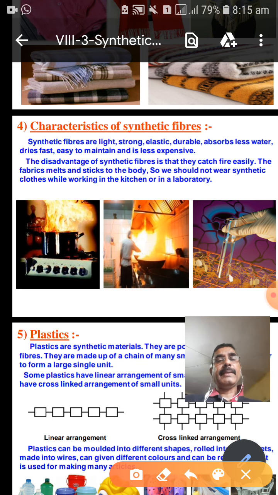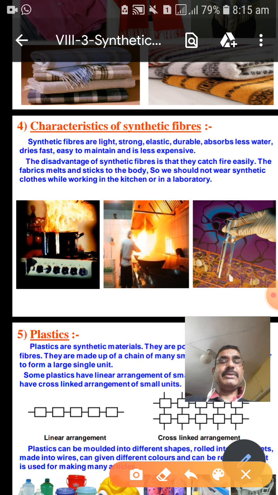We need to remember that whenever we are working in the kitchen or in the laboratory, we should avoid wearing synthetic clothes, because they catch fire easily and the fabric melts and sticks to the body, causing more harm. Sometimes a question may be asked: why should we not wear synthetic clothes while working in the kitchen or in a laboratory? So you have to write that it catches fire easily and the fabric melts and sticks to the body.